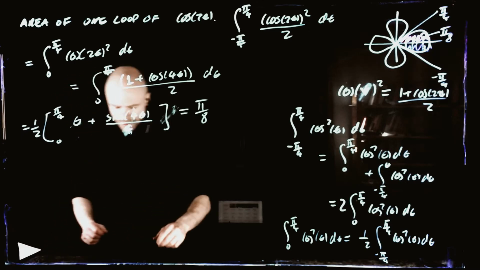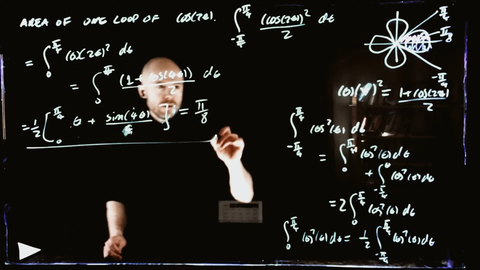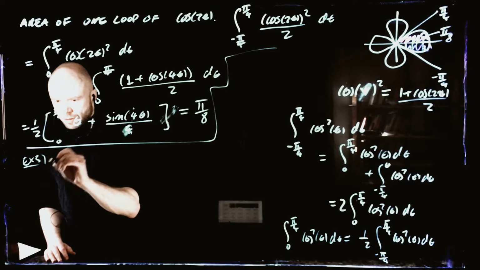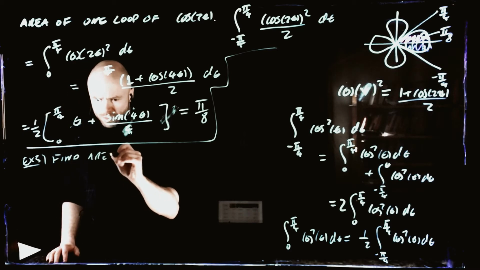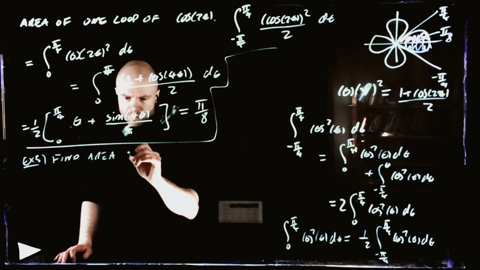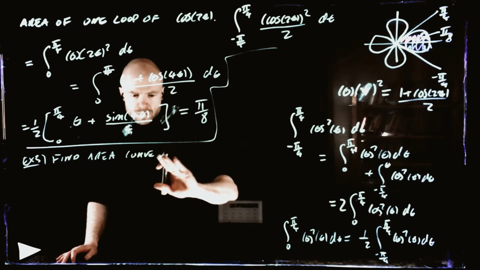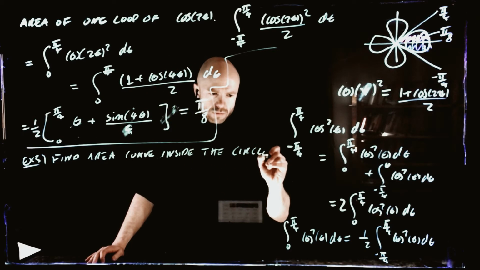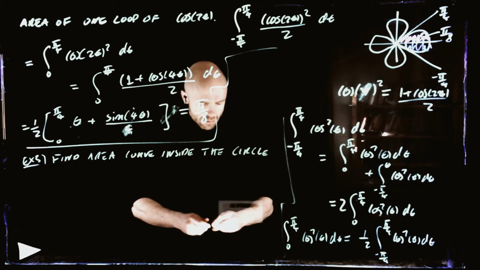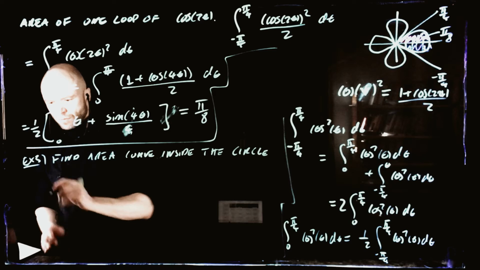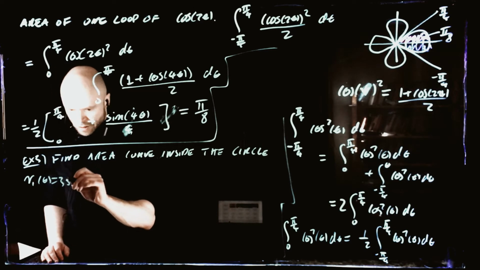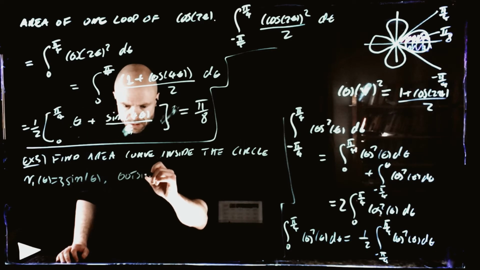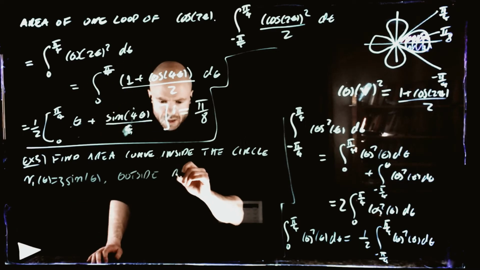Example 3. So it can get a bit more sophisticated. Find the area of the curve inside the circle given by r1 of theta equals 3 sine of theta, and outside this thing, which is called a cardioid or something.